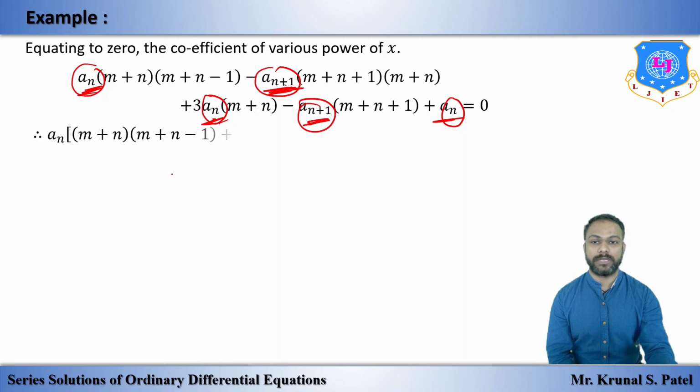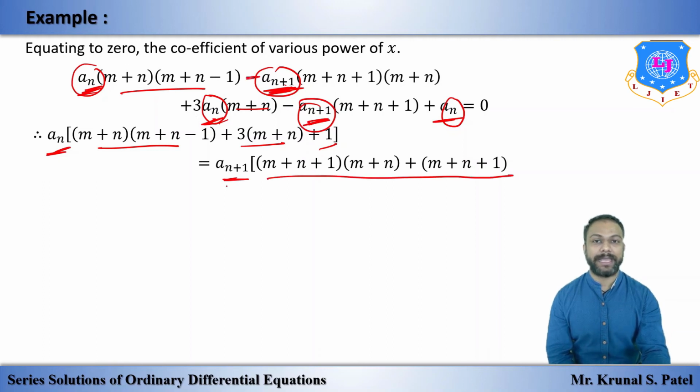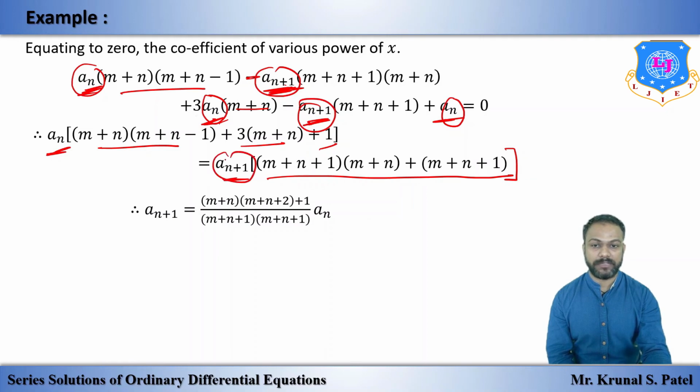So we have these two terms. Okay, a n common, so this first term, this is the second term with 3 and this is 1, and the second we have a n plus 1, we'll take on the right hand side, so both minus become plus, we take a n plus 1 common. Now we'll simplify. So we have a n plus 1 is equal to this entire term divided by this term.